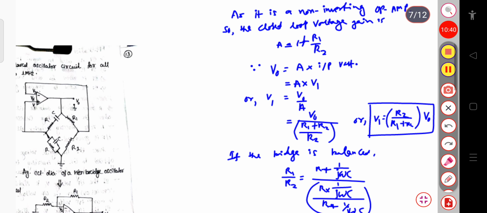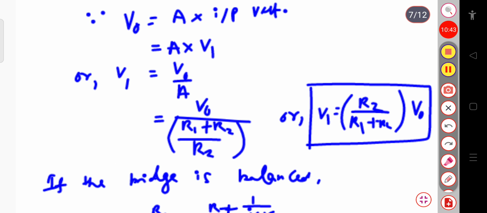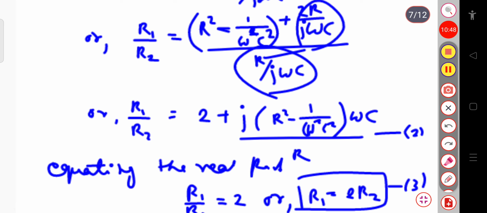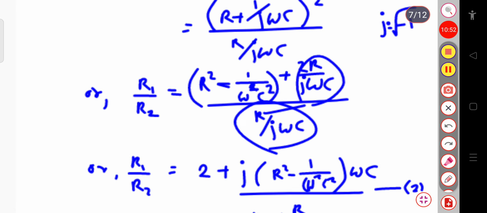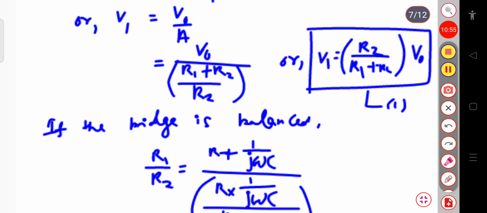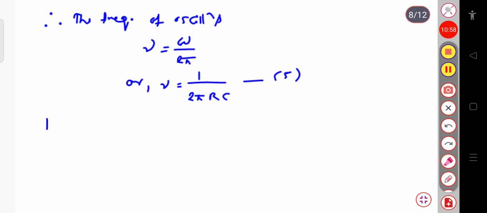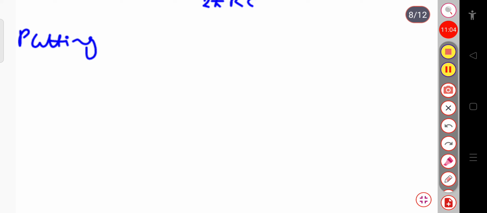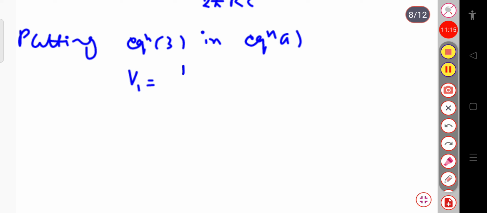Now you can see in this expression we have calculated V1 value equal to this one. This is your equation 1. Now we have calculated the value of R1 equal to twice of R2 in this equation 3. Now if I put equation 3 in equation 1, we will get V1 equal to R2 divided by R1 plus R2 whole into VO, our original equation.